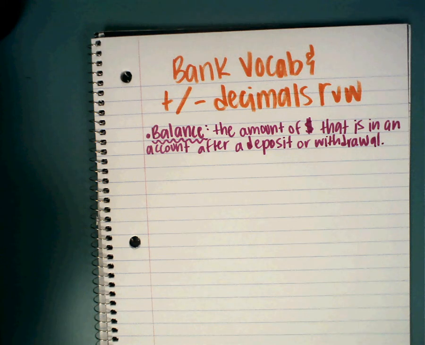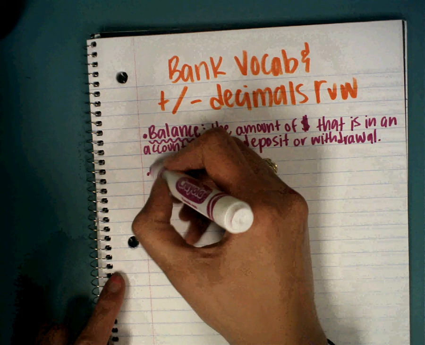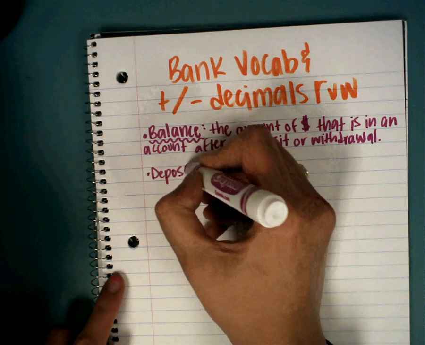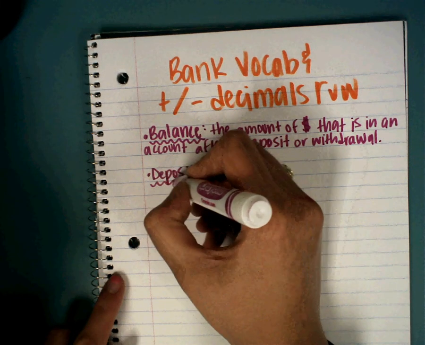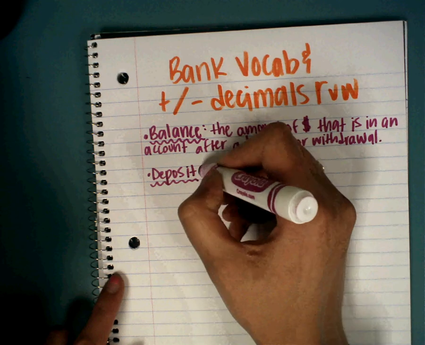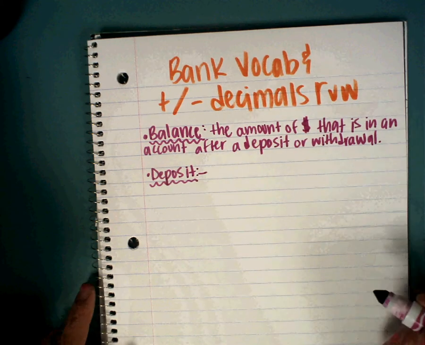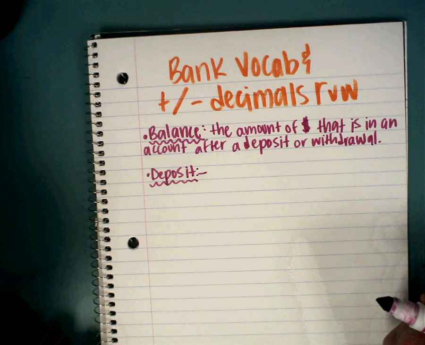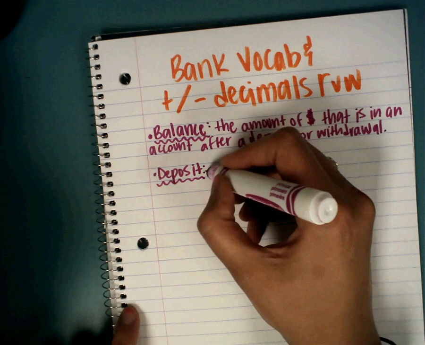So a deposit is when you put money into the bank account, okay? So a deposit is when money is added to the balance of the account, okay? $ means money, by the way, if you didn't catch that already.